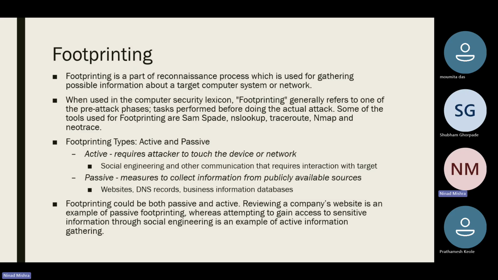Now the risk in the active one is that the person you're targeting, or trying to get information from, may get alerted that you are a hacker trying to gain information.